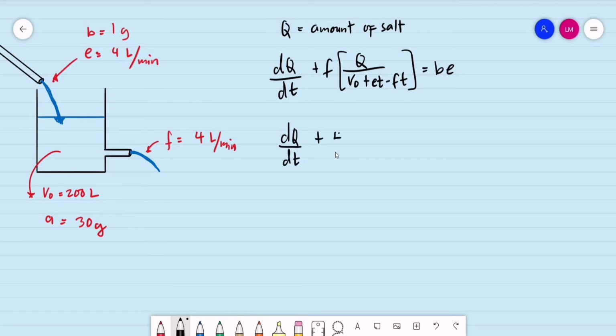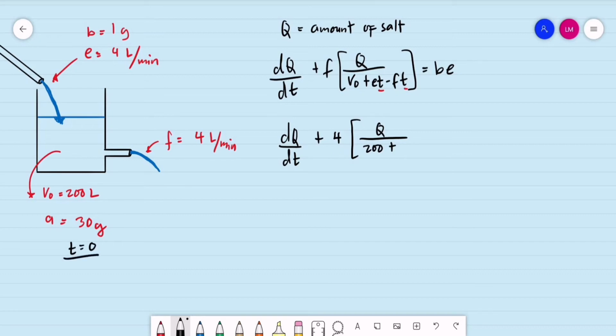So this is the rate of change of the amount of salt with respect to time, dQ over dt, plus F is 4, multiplied by Q, divided by our initial volume, that is 200 liters. Plus, by the way, what will be the value of the time t? These are the initial values, so we assume that time is equal to 0.